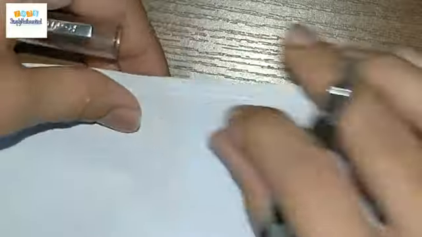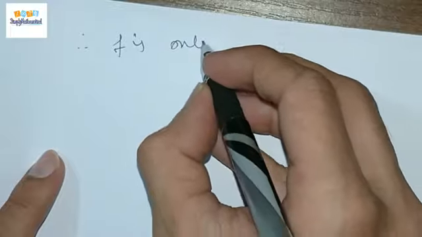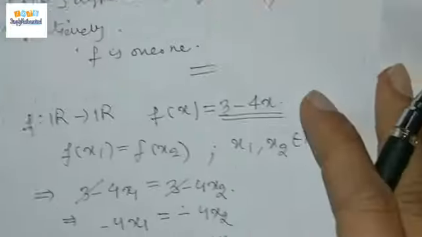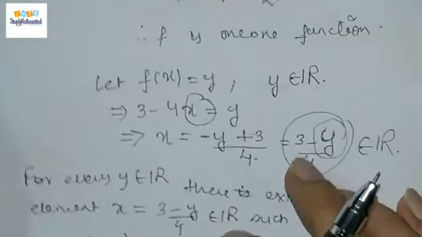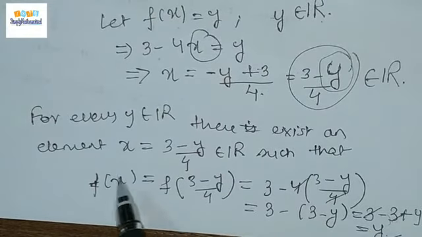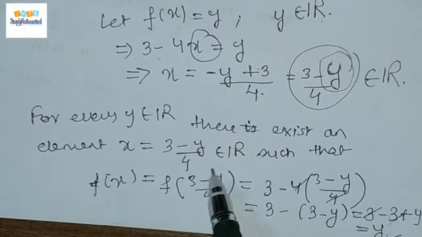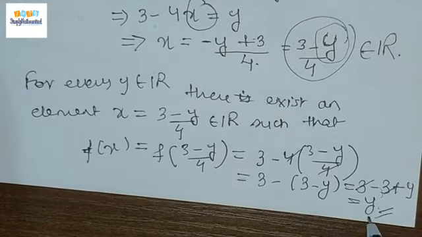So that was what you got. Therefore f is onto. You can see here, for every y belonging to R, there is an element x equal to (3 minus y)/4 belonging to the real numbers such that f(x) is equal to y.